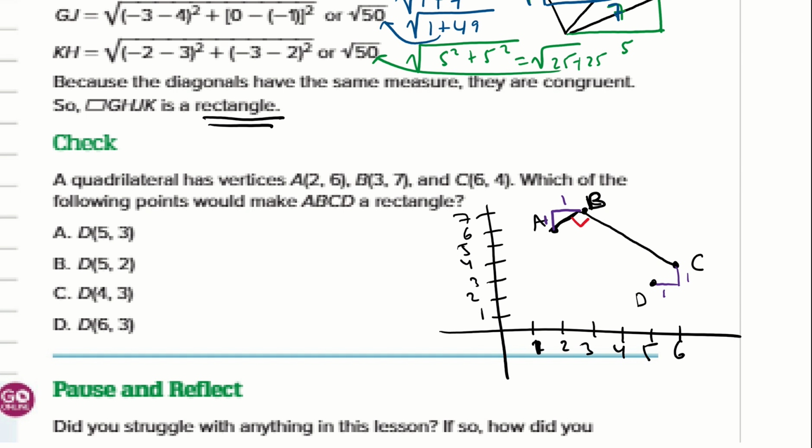Notice that these end up being parallel, and they also end up being right angles here. We can see that. And so therefore D has to be 5, 3. Again, we use the fact that these have to be the same up and over. So D has to be 5, 3. That's the quickest way to do it.